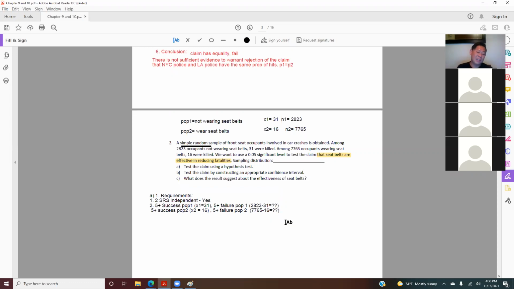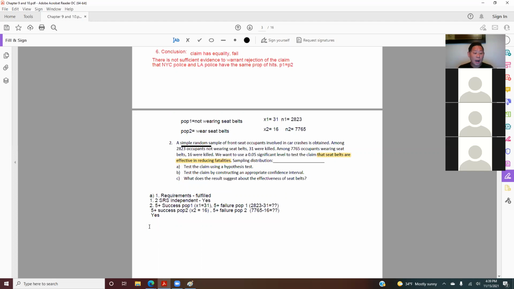Again, you do not really need to take out your calculator to do this. We know that all these numbers, 31, 16, 2,000 something, 7,000 something, are 5 plus. So in this case, your second requirement is met. Since both requirements are met, this requirement is fulfilled.